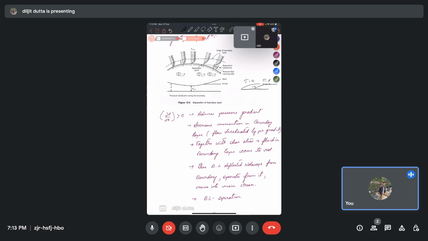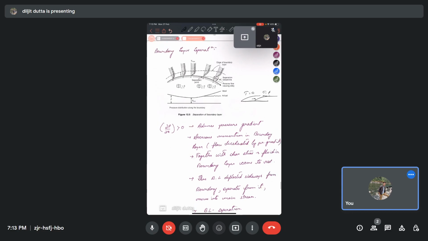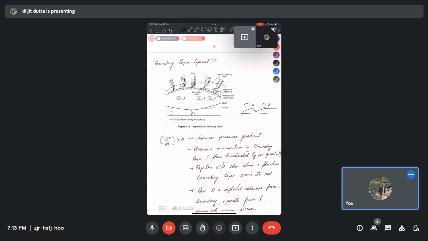So this is called boundary layer separation. The boundary layer is separating from the mainstream velocity. The fluid in the boundary layer will come almost to rest, and the boundary layer as a whole will be shifting.